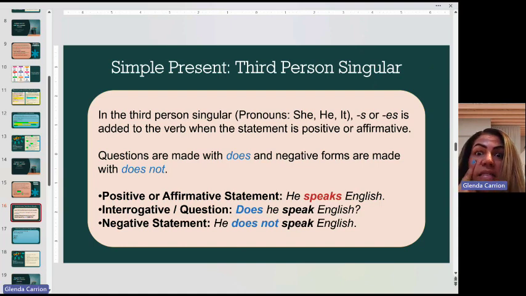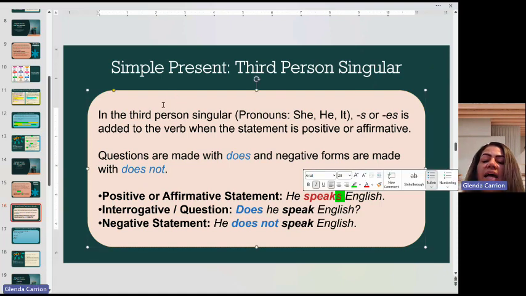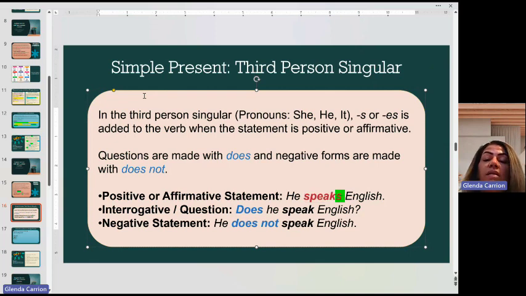So look at these examples. They are a little different. Positive or affirmative statement. He speaks English. Notice that there is an S added to the verb. This does not mean that this verb is plural. It just means that it's in third person singular, and this only happens with the pronouns she, he, or it, with the third person singular.